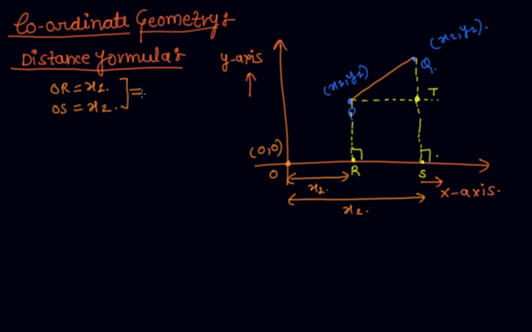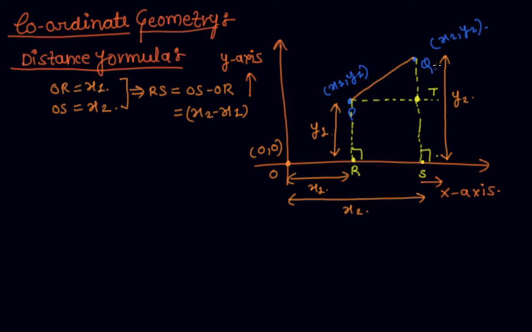On the basis of these two, RS is equal to OS minus OR, so x2 minus x1. Now in a similar way, PR is equal to y1, the vertical distance of point P, and the vertical distance of point Q is y2.